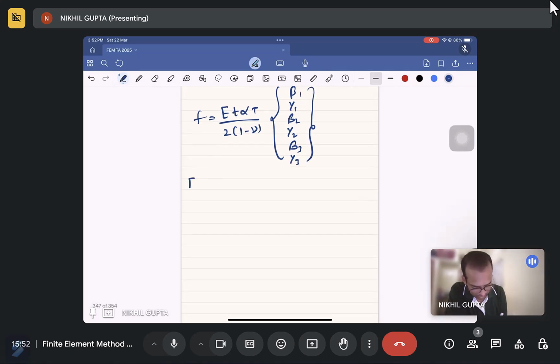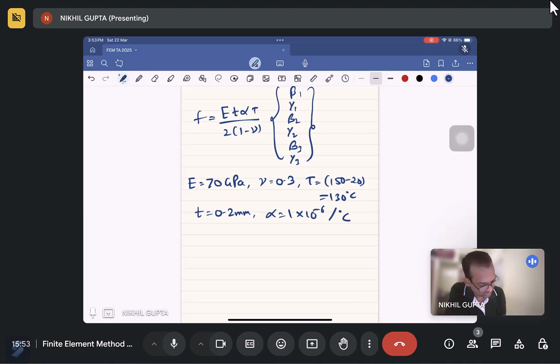The given values: E is 70 GPa, nu is 0.3. Temperature changing to 150 from 20, so it will become 130 degrees Celsius. Thickness is given as 0.2 mm, and alpha is 1 into 10 power minus 6 per degree Celsius.